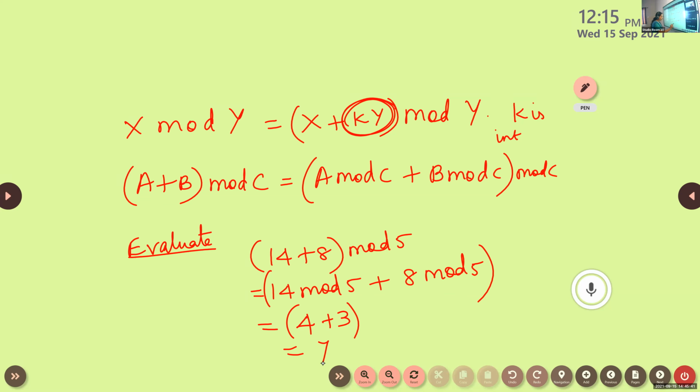That is why, if the sum is greater, you again divide it by 5. So 7 mod 5, what is it? It is 2. Whenever you write the remainder, it must be less than the divisor. It may be 0, but it should always be less than the divisor.